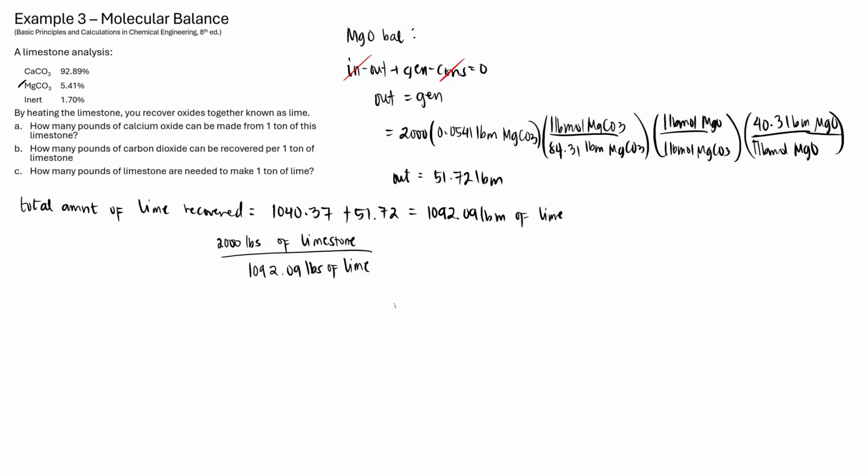Now, in order for us to make it 1 ton of lime, we multiply top and bottom by 2,000 because that's 1 ton, as I defined earlier. And then what we do here is we just do this, to leave the 2,000 pounds at the bottom.